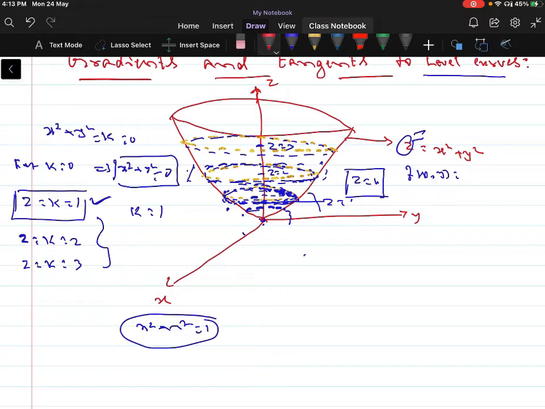When k is equal to 1, we form a circle, and that contour curve is embedded on the xy plane. We can draw it like this. When k is 2, it is the equation of a circle with radius root 2. So these are the contour lines, the contour curves for different values of k in the xy plane.